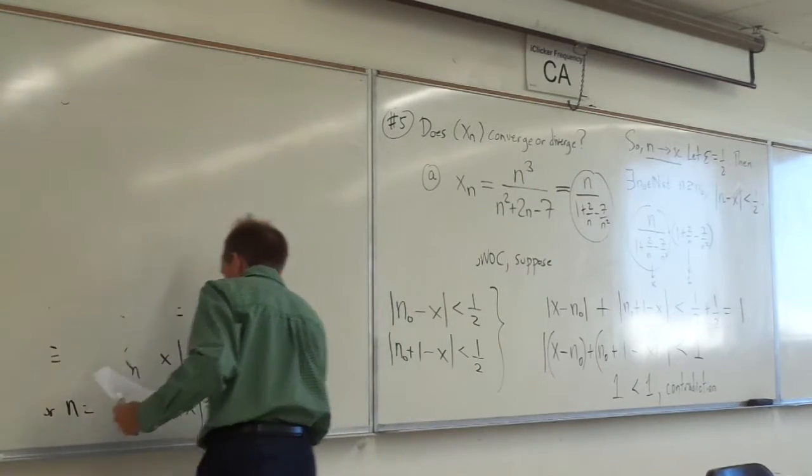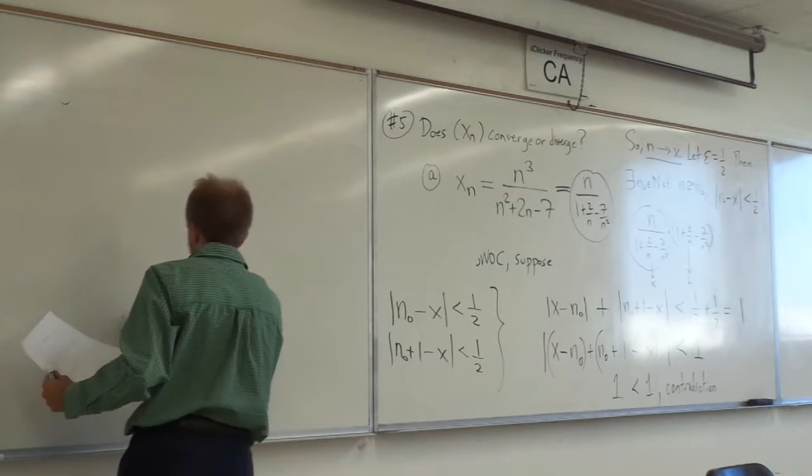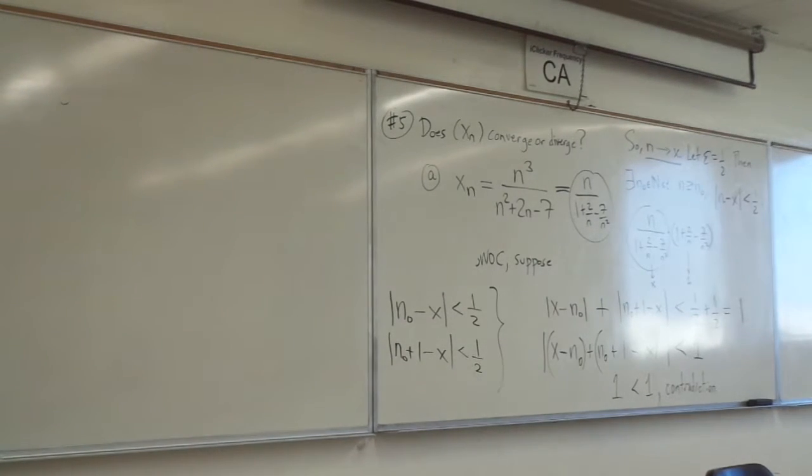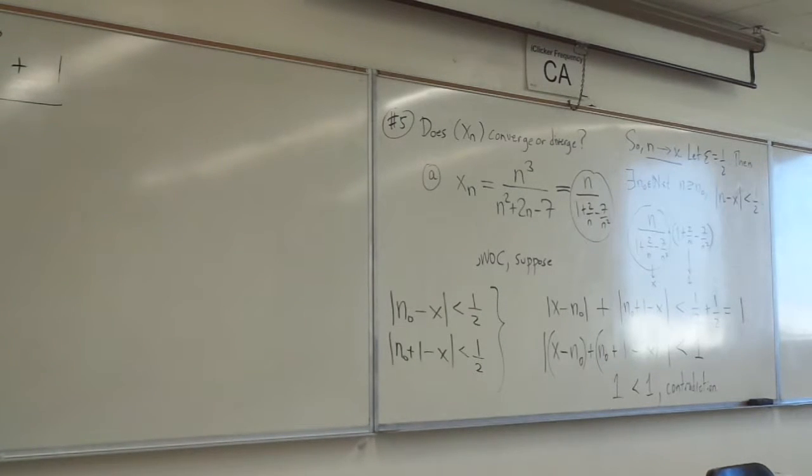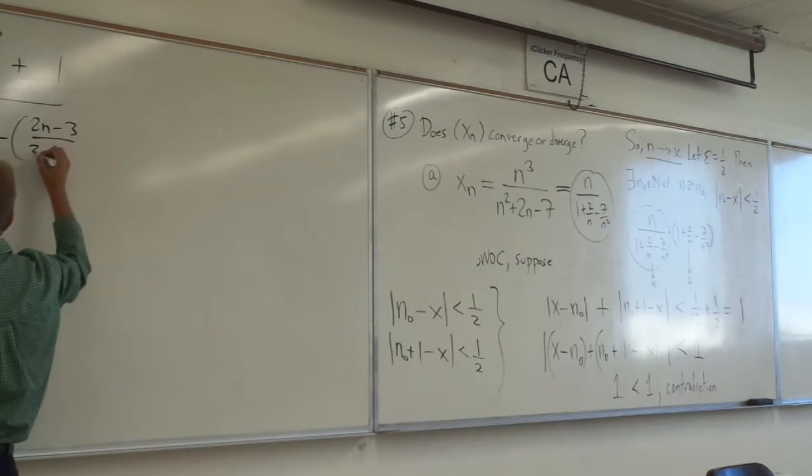Try one more example here. So let me do part B. So xₙ equals (2n minus 3 over 3n plus 5) all cubed, plus 1, all over 3 times (2n minus 3 over 3n plus 5) squared minus (2n minus 3 over 3n plus 5).